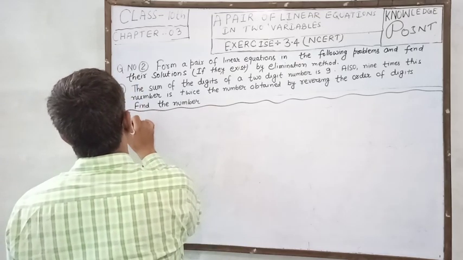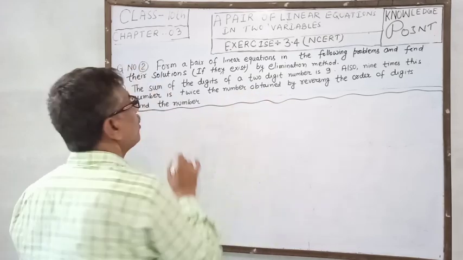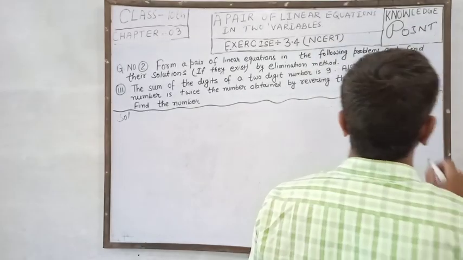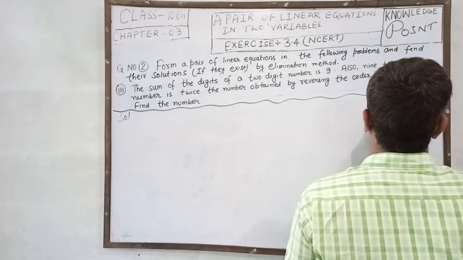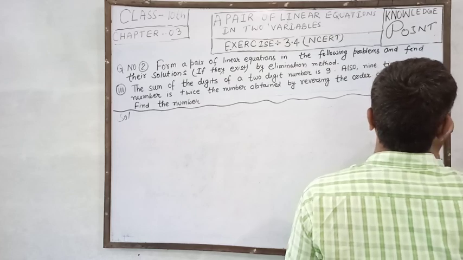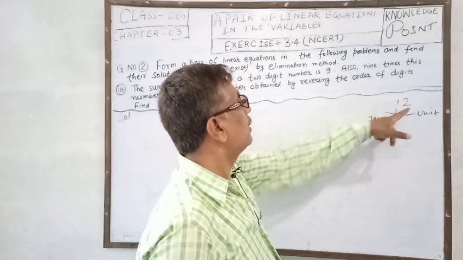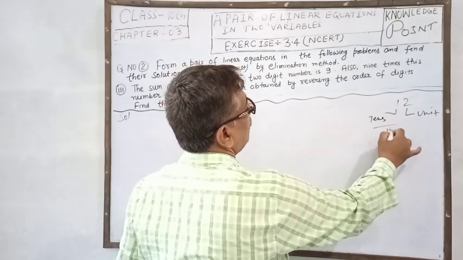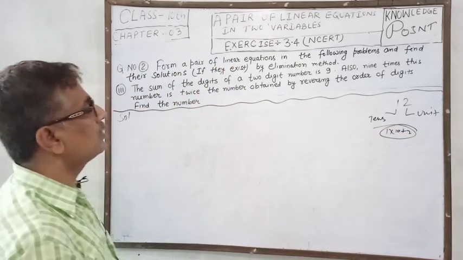So the number of two digits is formed by unit and tens digit. As you know, 12: this is the tens digit, this is the unit digit. That means 1 into 10 plus 2, it is the expanded form.